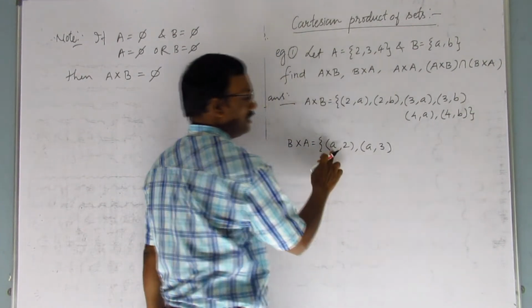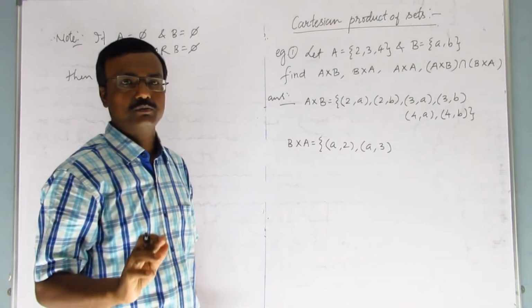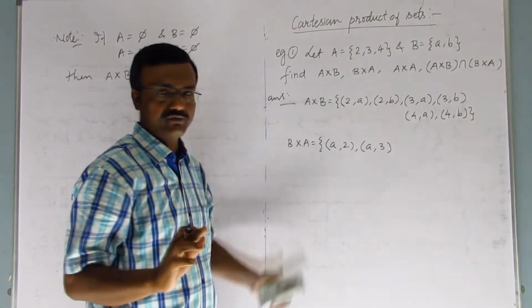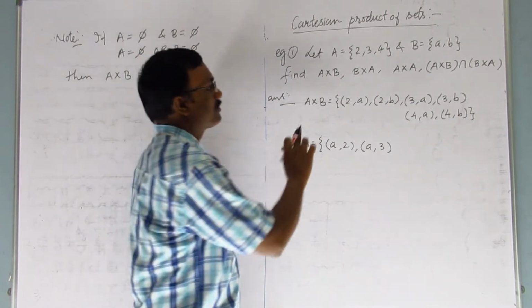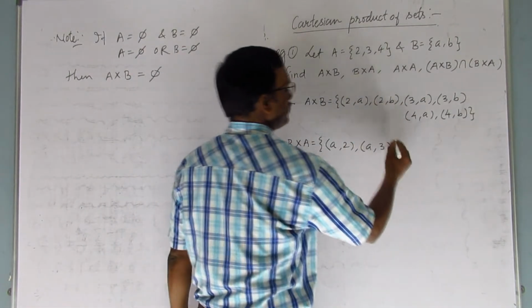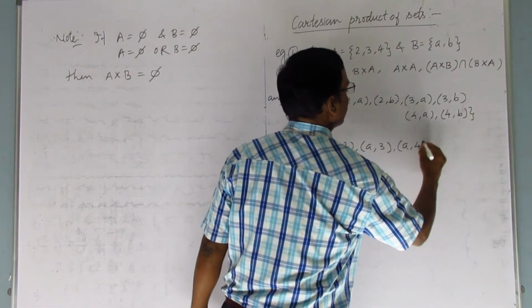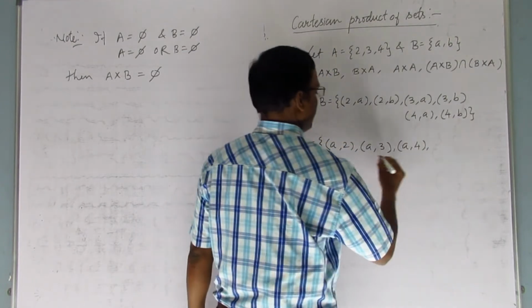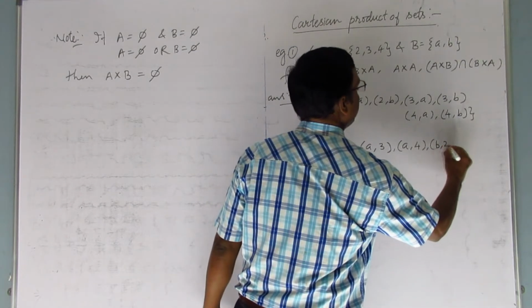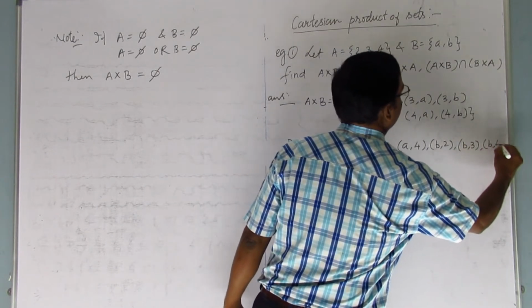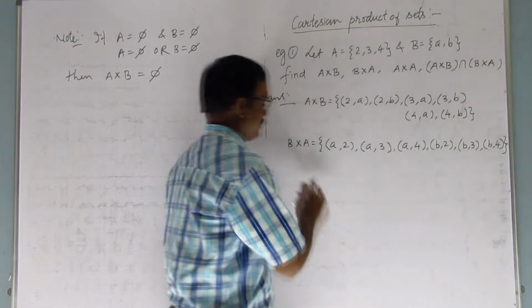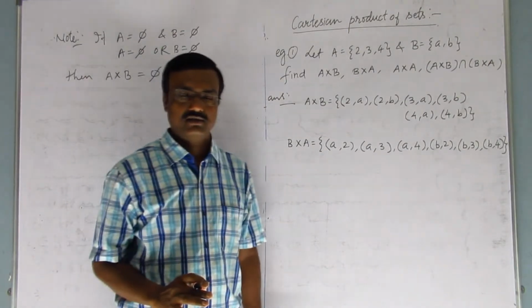So at the first place we have to place the elements of B first, and then at the second place elements from set A. So (a, 2), (a, 3), (a, 4) and (b, 2), (b, 3) and (b, 4). So this is the set B cross A.